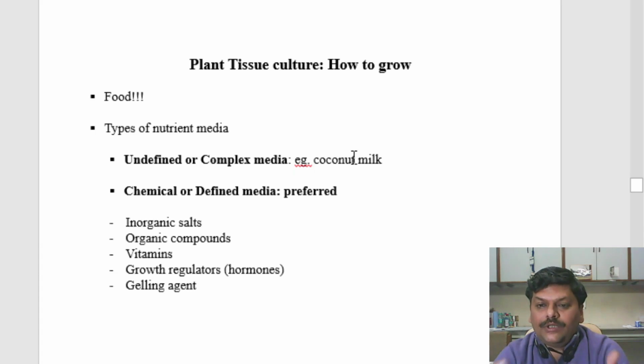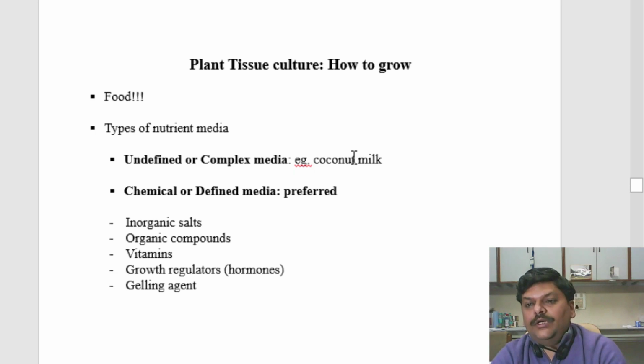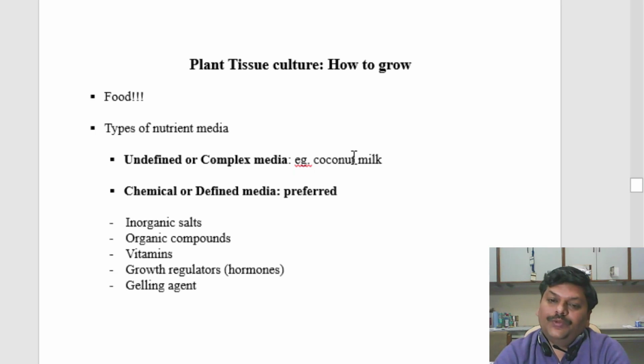Coconut milk is also called a complete food, like we call milk a complete food which has everything. In case of plants, coconut milk is called a complete food which can be used for plant tissue culture, but we exactly do not know what is the composition of coconut milk.